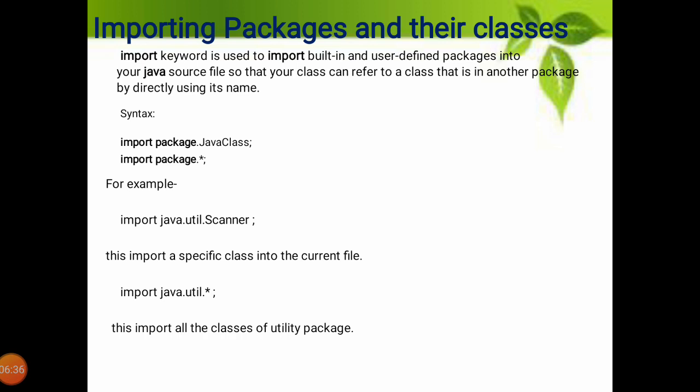In this way, we import different packages in our program. Here I am giving the example of the java.util.Scanner class. This class is used to input data in our Java program.